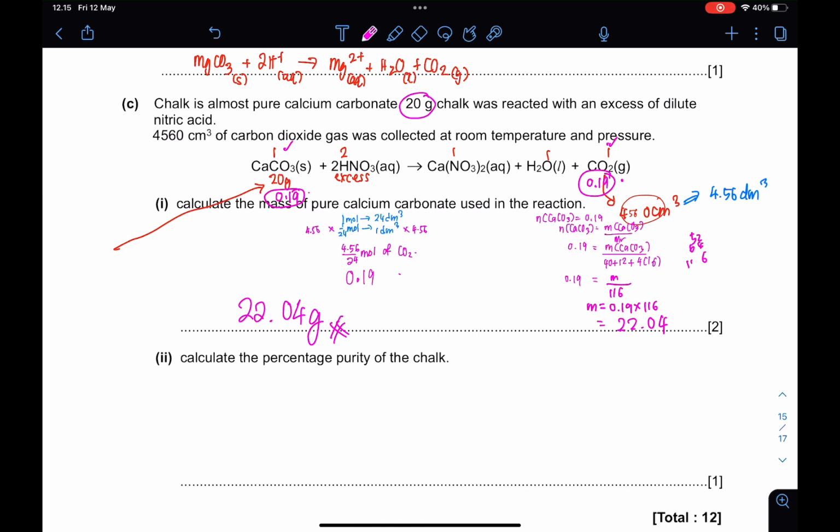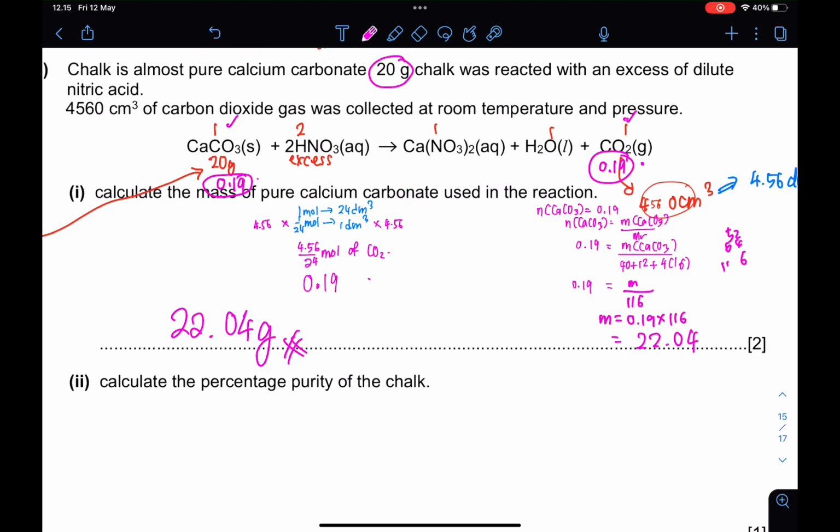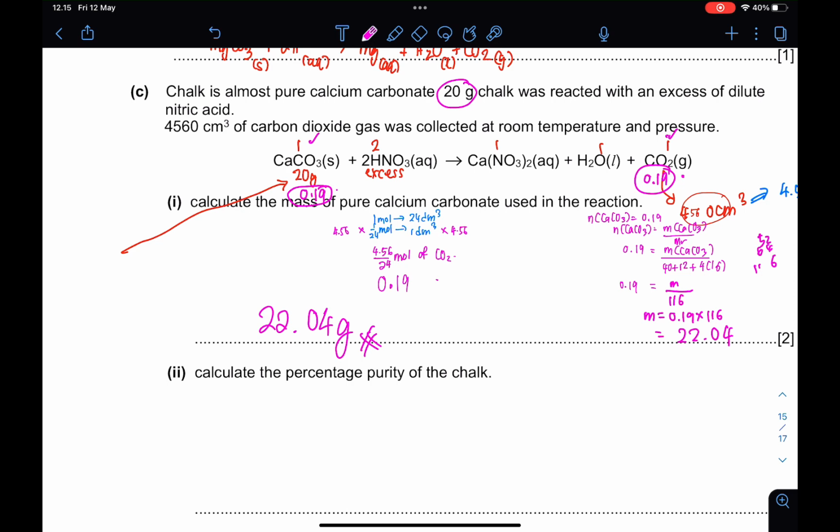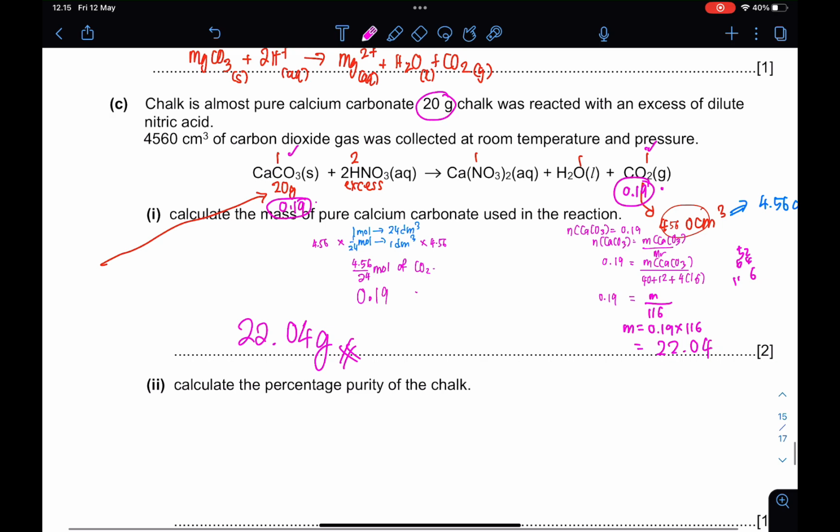Now we need to calculate the percentage of purity of chalk, because just now we used 20 grams of chalk that was reacted with excess dilute nitric acid. Chalk is almost pure calcium carbonate. You collect 4560 cm cube of carbon dioxide.